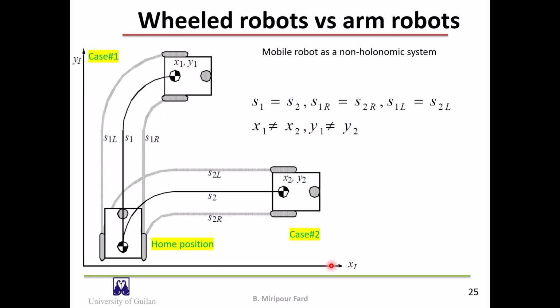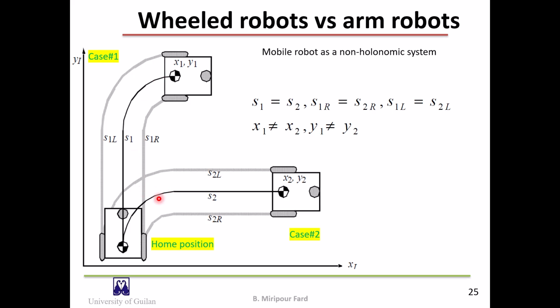To further explain the previous slide, let's consider an example. Consider the mobile robot in the home position. Its center of mass is shown in the figure. You can see two cases here. In the first case, the center of mass has moved as much as S1.